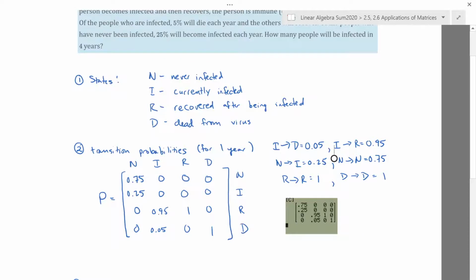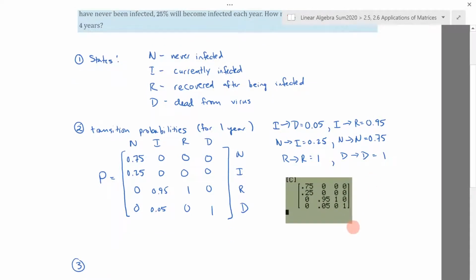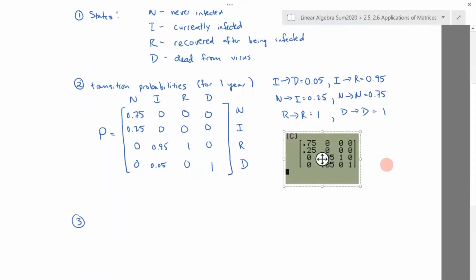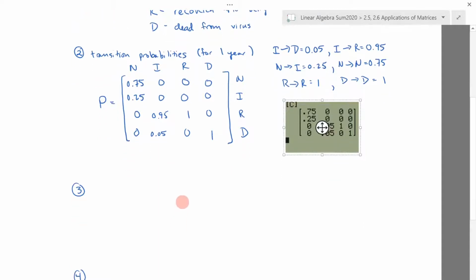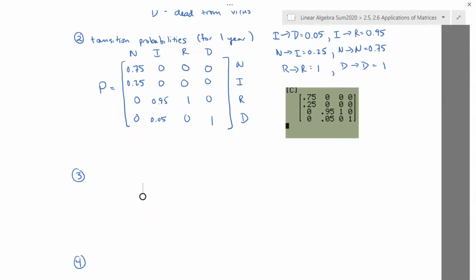Again, this is what it looks like in the calculator. Okay, so the next step is to identify the initial state, x0. Right, so again, we have 4 entries for the initial state.